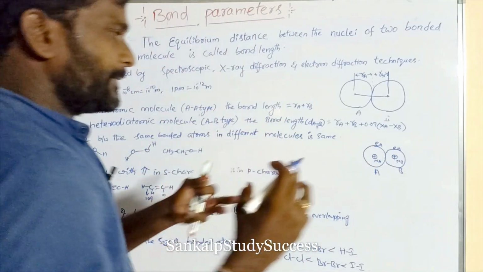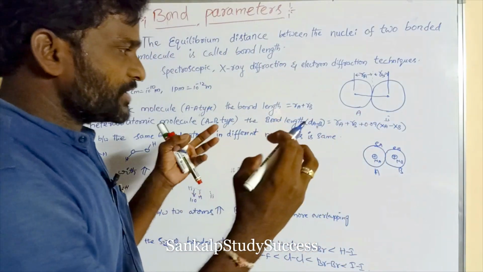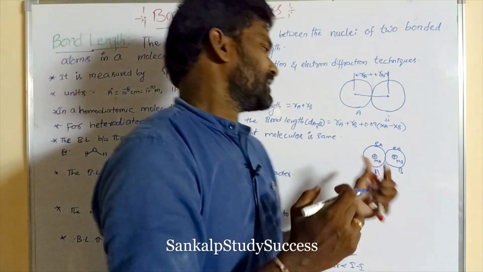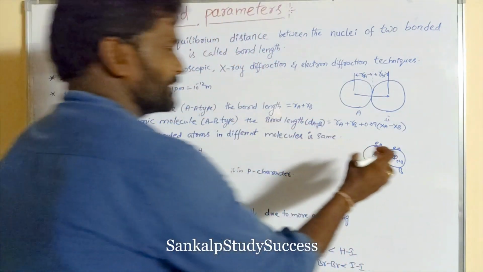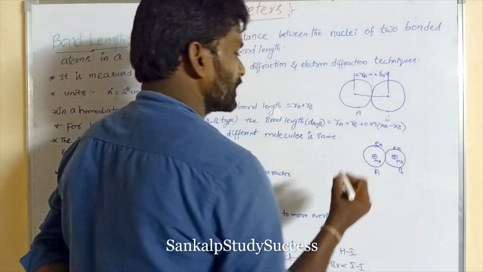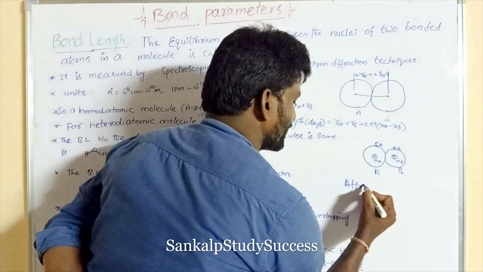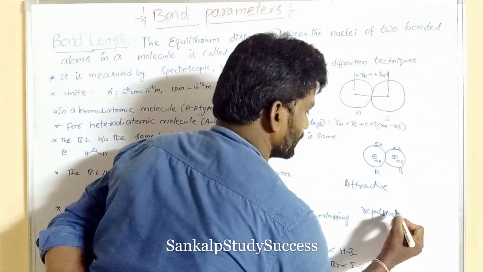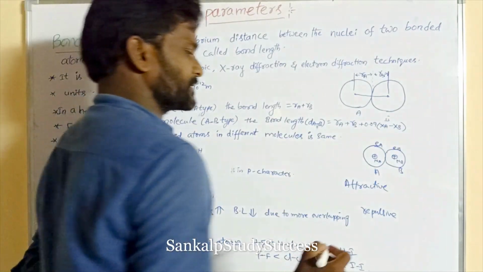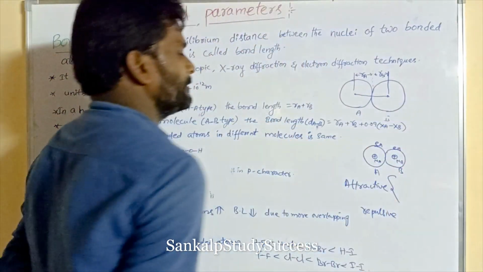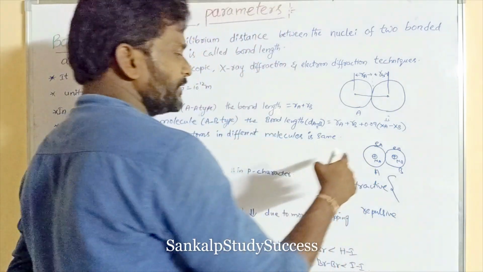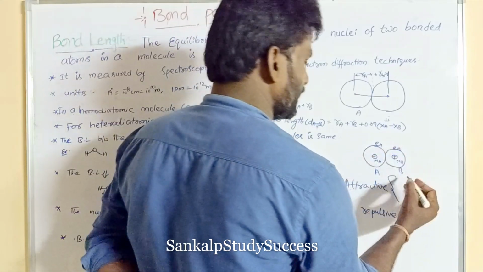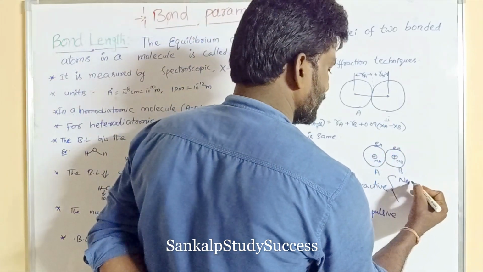Now, when the two atoms come to a closer distance, two types of forces are present between these two atoms. What are they? Attractive forces and repulsive forces. What are the attractive forces? The nucleus of A and the electron of B, NA and EB.